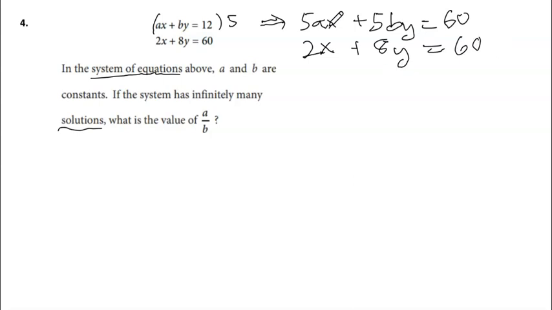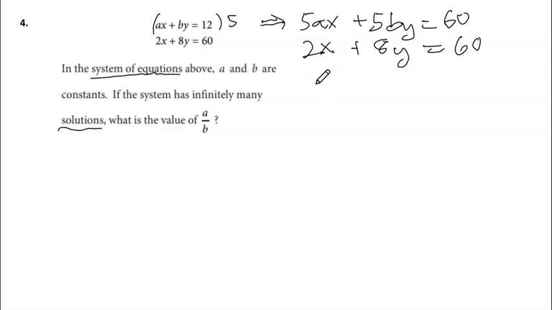And if these two are giving me the same solutions, infinitely, it means that whatever the coefficient of x in the first equation is has to be the same in the second. Everything about their coefficients has to be the same, because the x doesn't change, the y doesn't change. That's the variable. So all you have to do is equate the coefficients to each other, x for x and y for y.